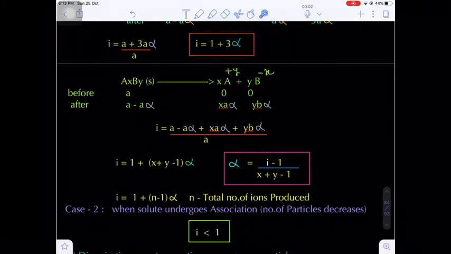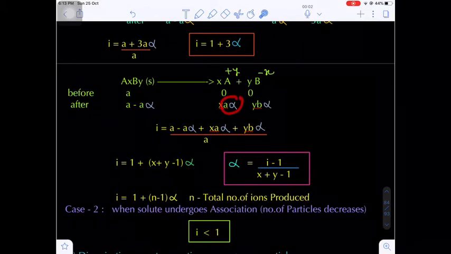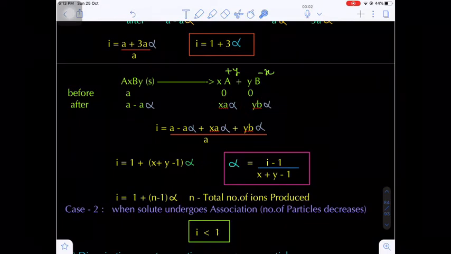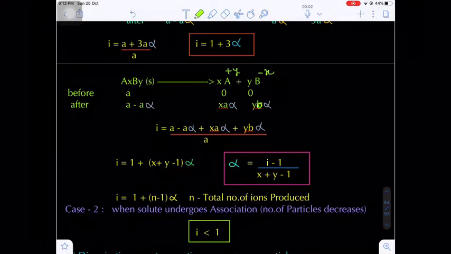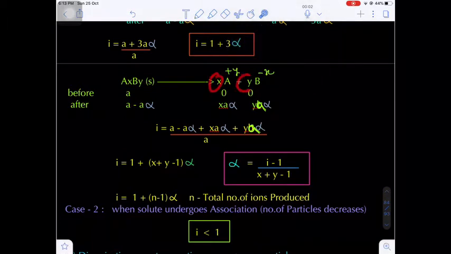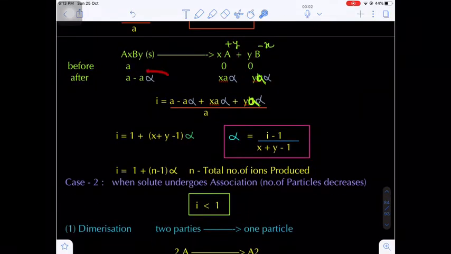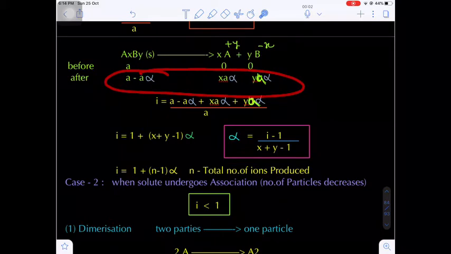After dissociation, there are x times a alpha moles of cations and y times a alpha moles of anions, because the stoichiometry is x moles and y moles. So the total moles after dissociation will be a minus a alpha plus x a alpha plus y a alpha.